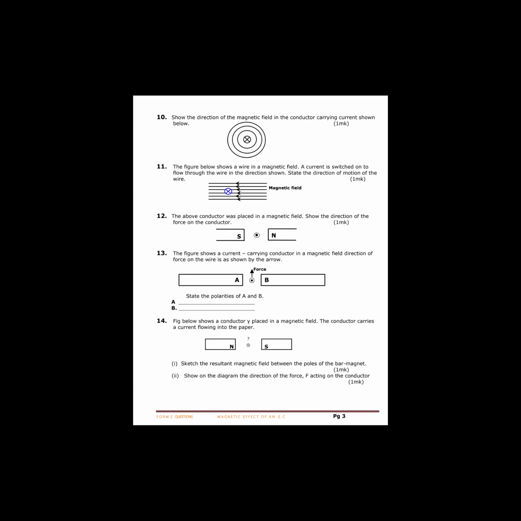So if you are using your pen as a conductor, you will grasp your pen such that the thumb is facing downwards and the tip of the pen is facing downwards, meaning that is the direction of current. And the four fingers show the direction of magnetic field, the way they are curved. So the direction of magnetic field will be in the clockwise direction.